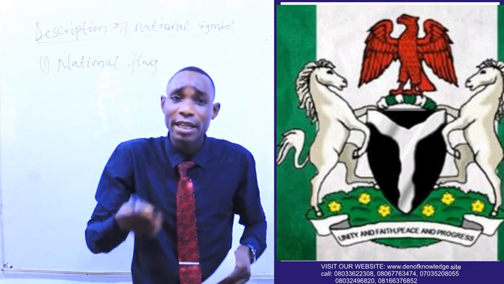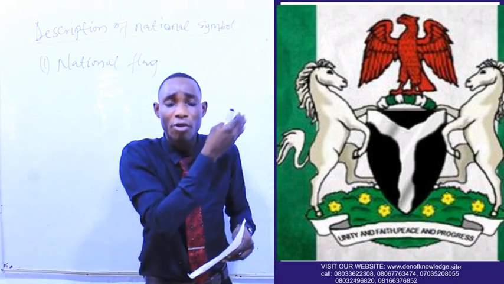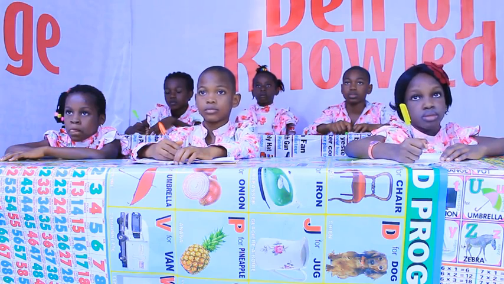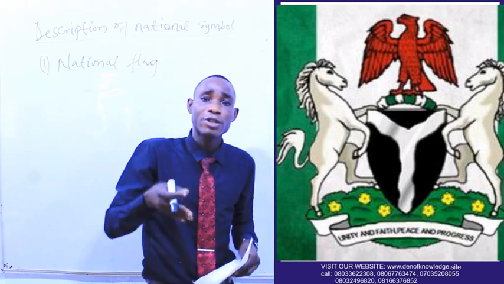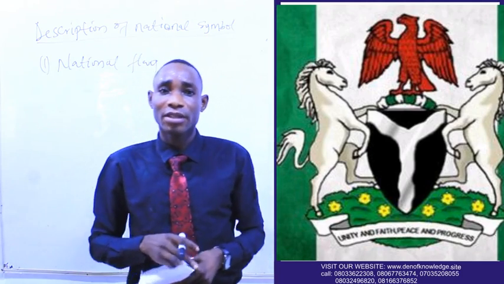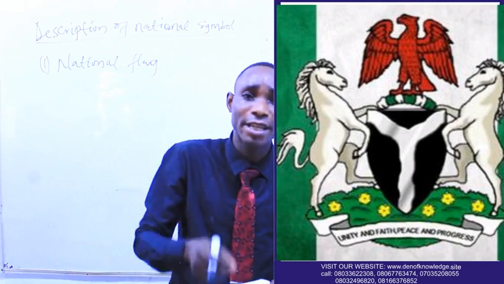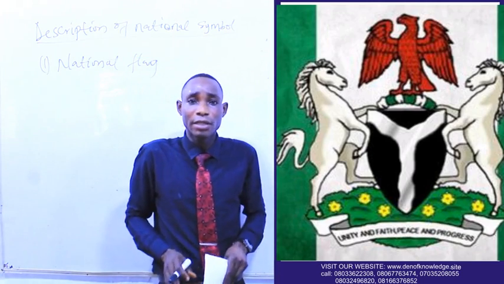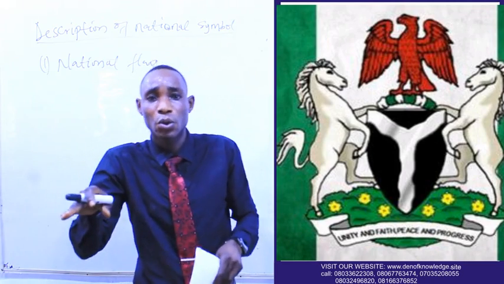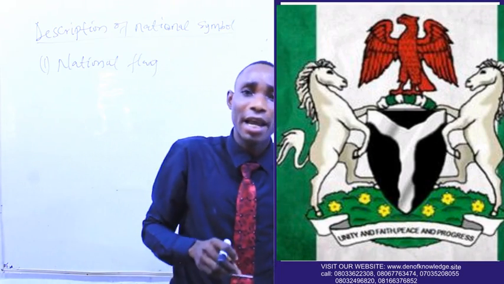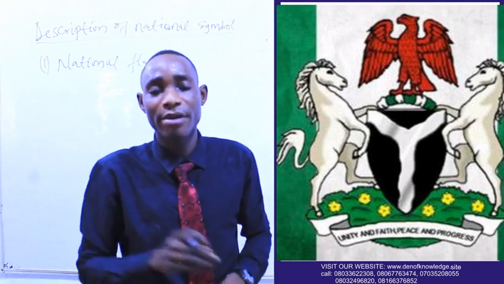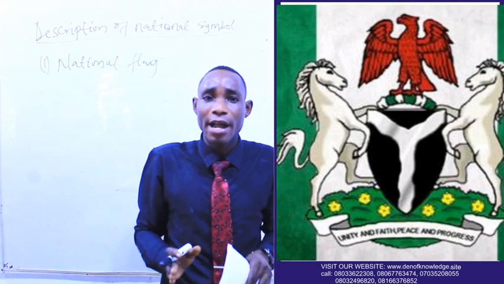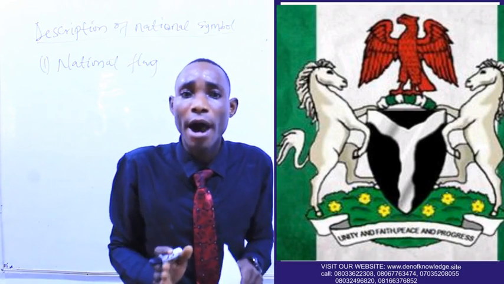We have another thing in the Nigerian coat of arms, that is the yellow flower. The yellow flower is the Nigerian national flower. And beneath it, you see the Nigerian motto, which is unity and faith, peace and progress. It shows that Nigeria is one body.